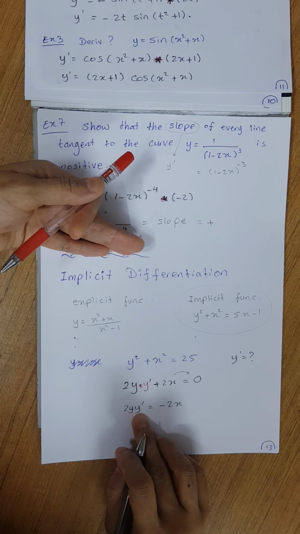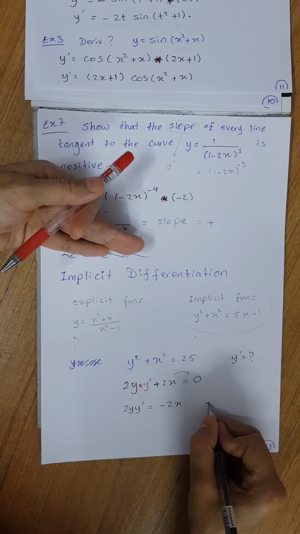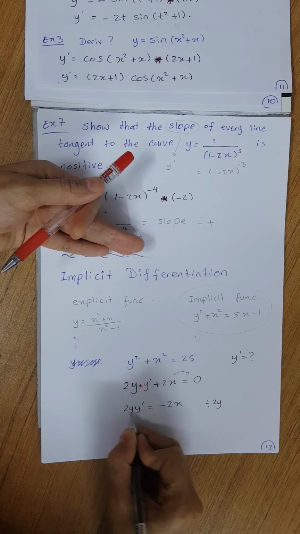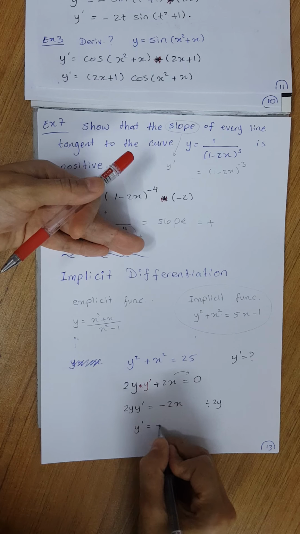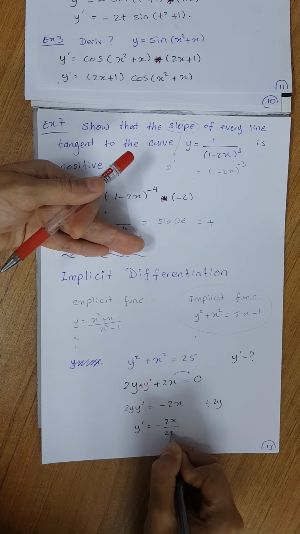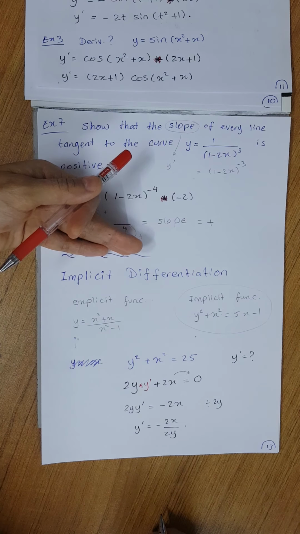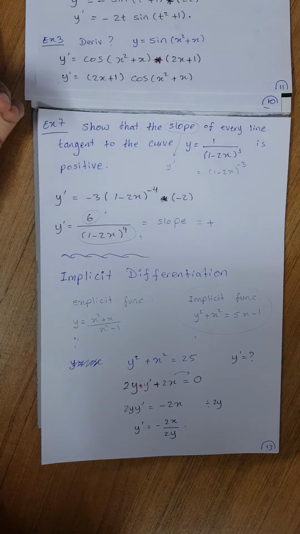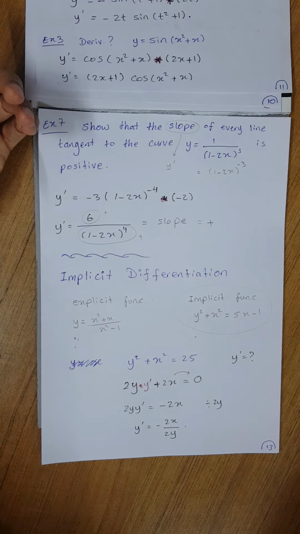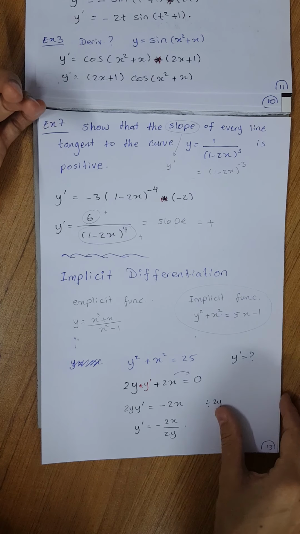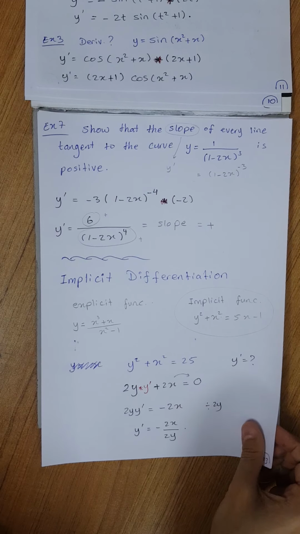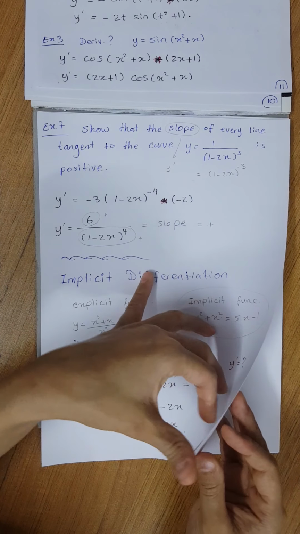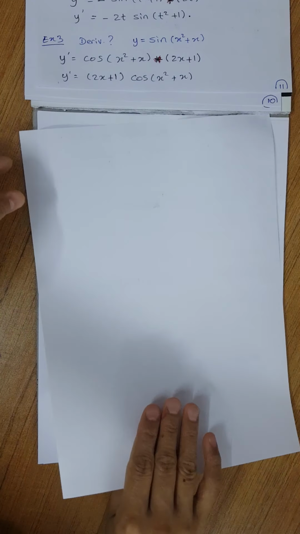So I have to divide both sides by 2y. 2y goes with 2y, so y prime is equal to minus 2x over 2y. Okay, and that is all about implicit differentiation. You're doing the same procedure that you were doing for explicit functions, but you're multiplying it with the y prime right next to it because y is also a function of x.